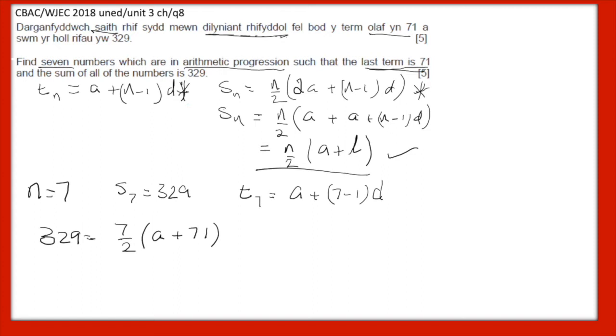Okay, so that gives me, and I don't like the fact that, I could put 3.5a if I wanted to, but it would be easier to simply double both sides. So 658 over 7 minus 71 is equal to a, which implies that a is 23, which makes life really easy. I'm going to shift onto another screen because I've got the space to do that.